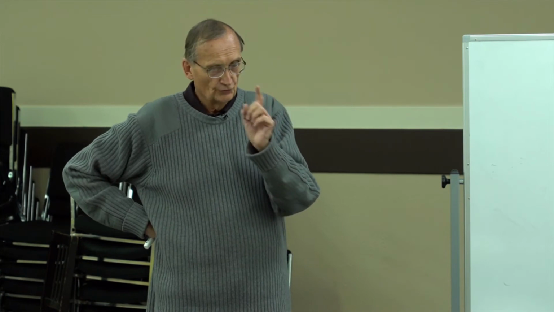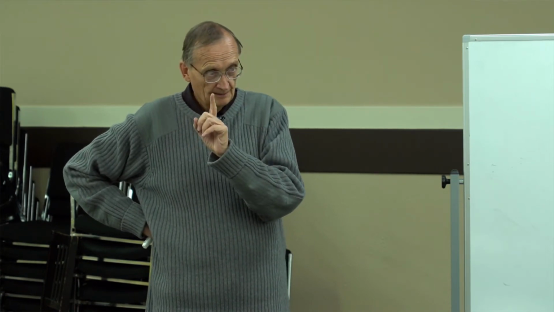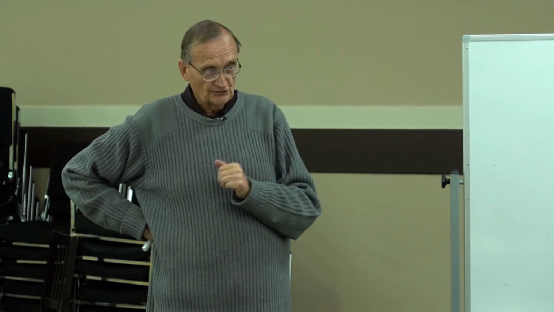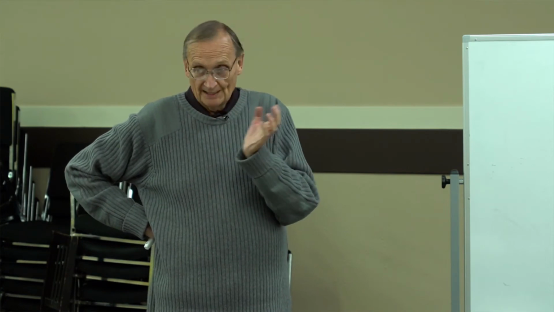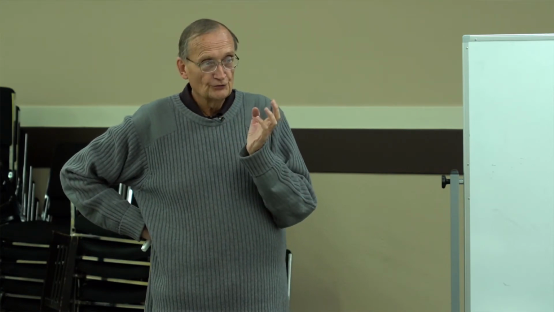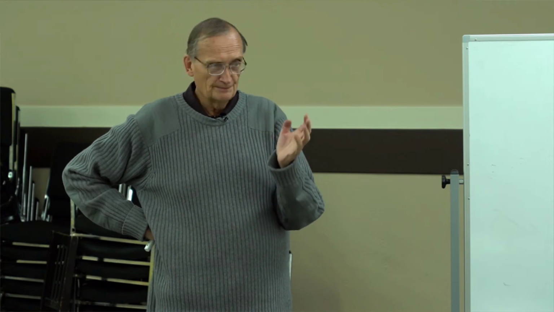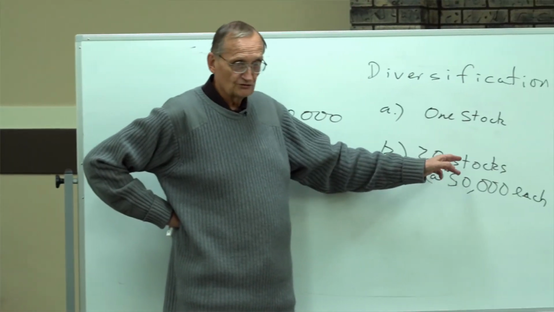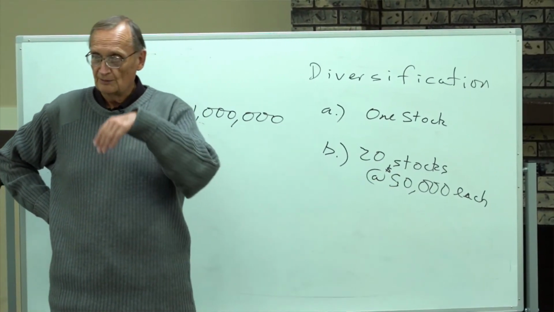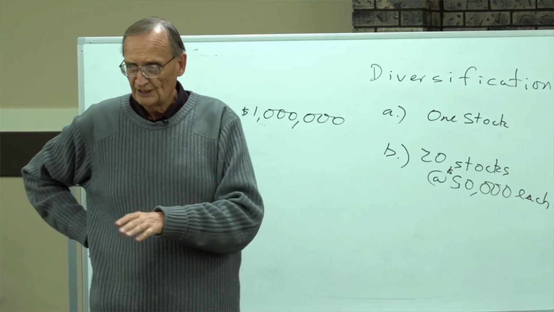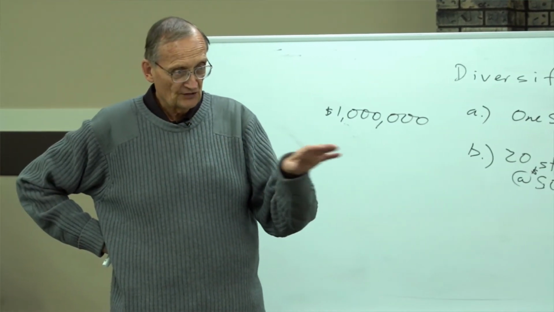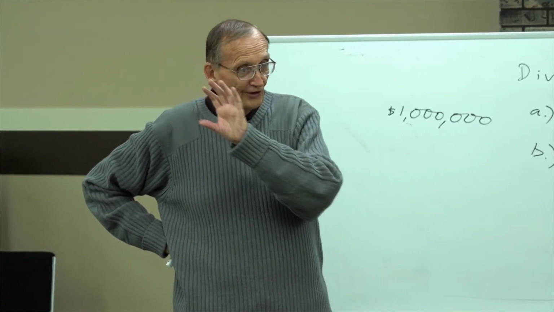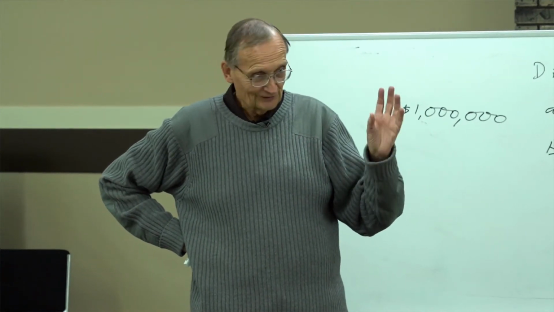A. You've only bought one stock. It can go up or down or stay the same, but that's risky. You put all your, the term is, eggs in one basket. Far better that you went in to B, put 50,000 into 20 different stocks. Some will go up, some will go down, some will stay the same, but overall you'll be better off. It's less risky.